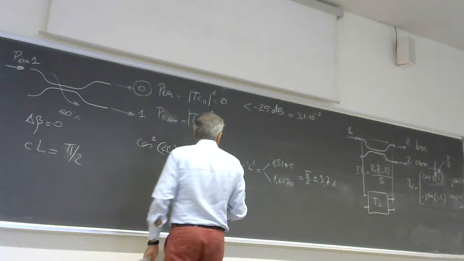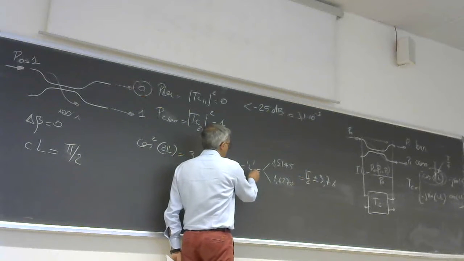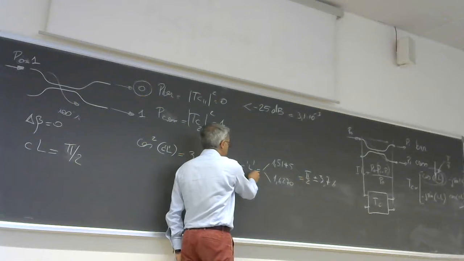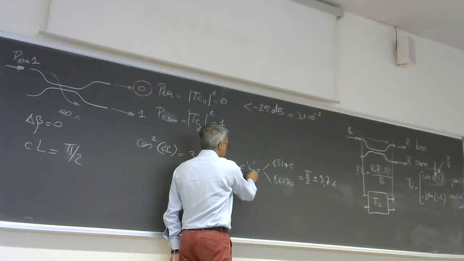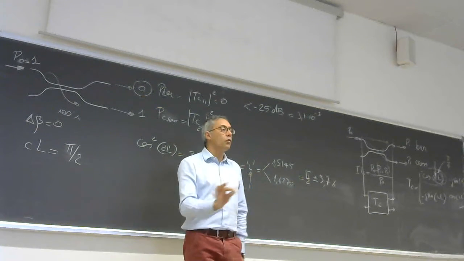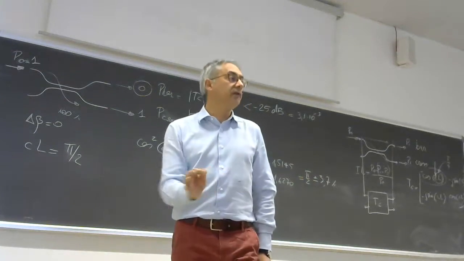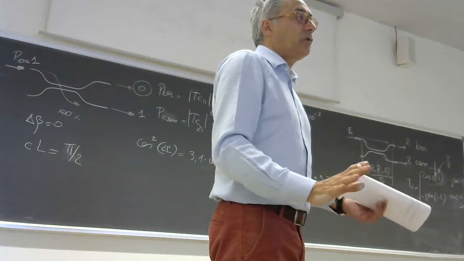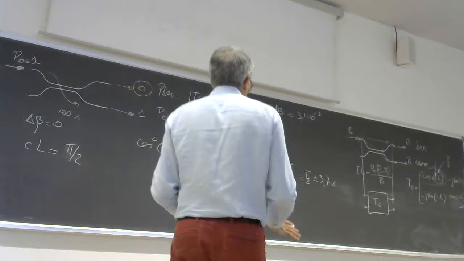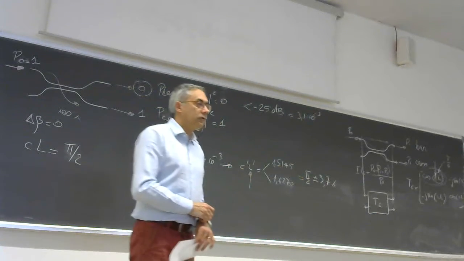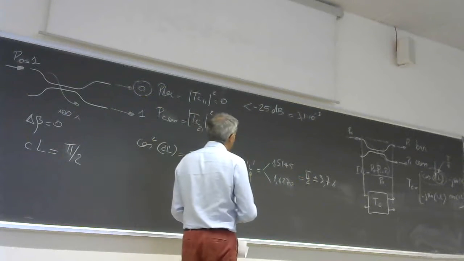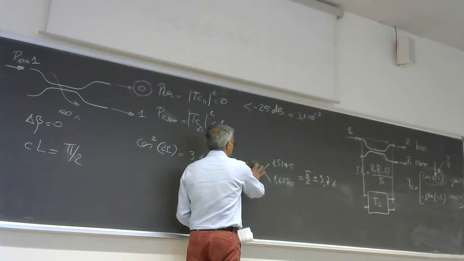This means that you have to divide this tolerance on these two terms. Usually L is very well defined. It's defined with the lithography, so it's absolutely correct. When you make it, L is the good one. So typically L is the right one.